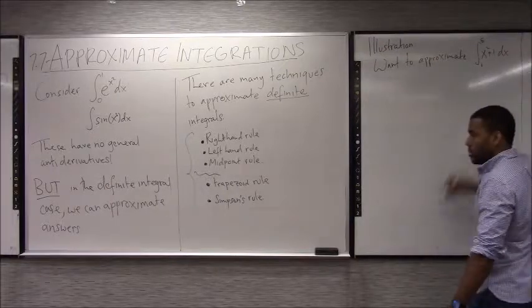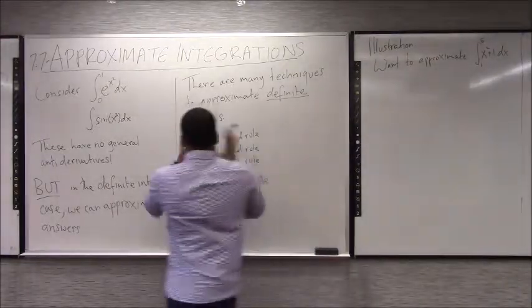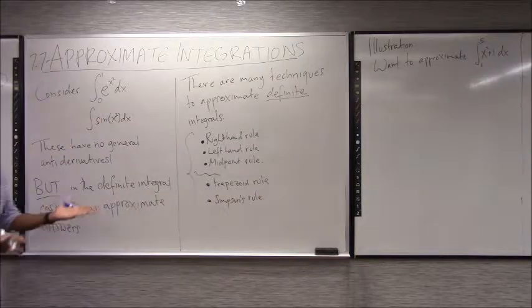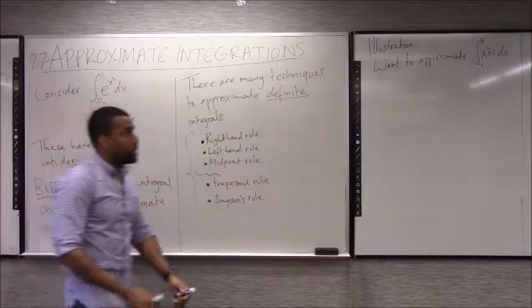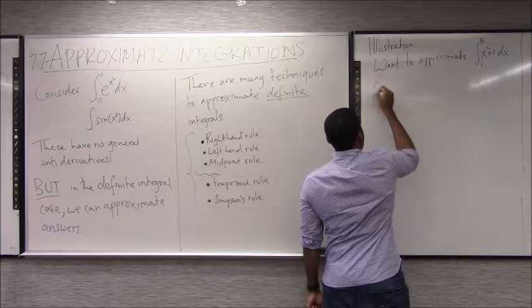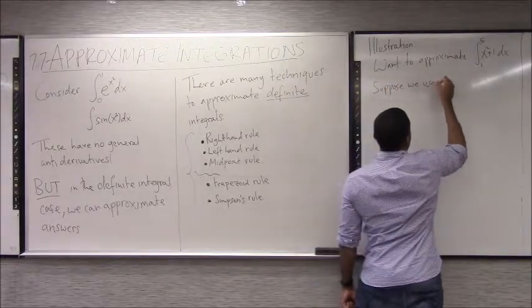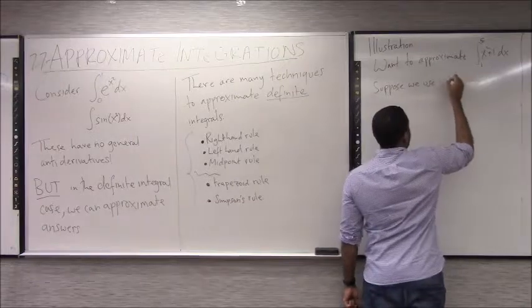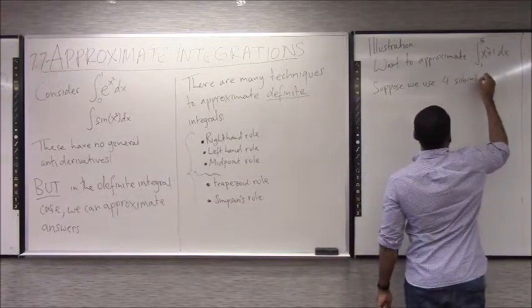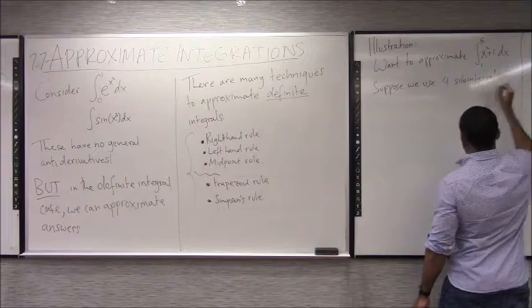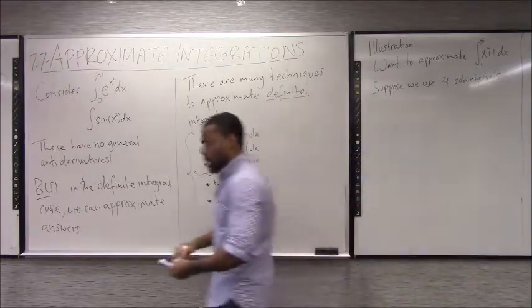Let's say that's our goal. I'm going to describe to you what these three methods in their concept would look like. Suppose we use 4 subintervals. Okay. Here's sort of what they would look like.